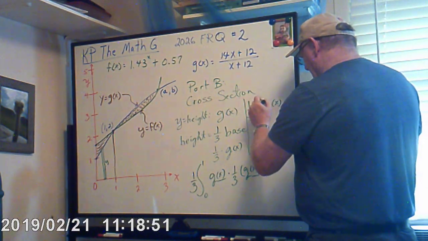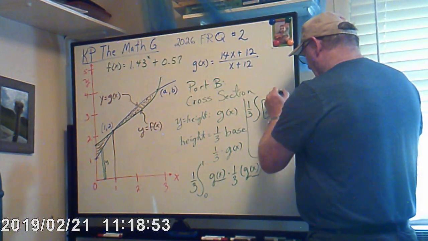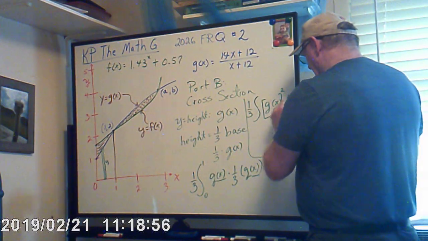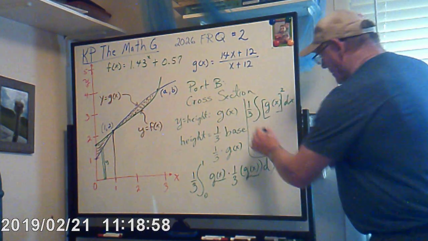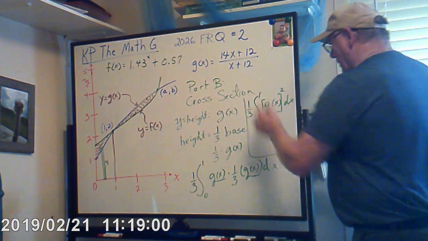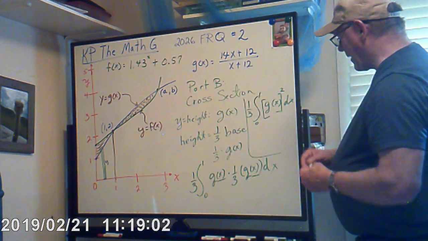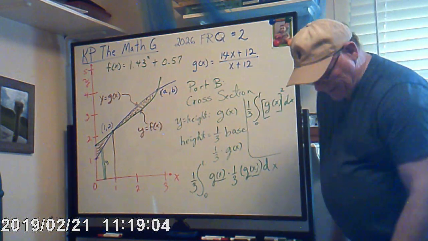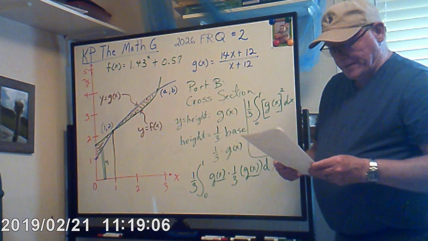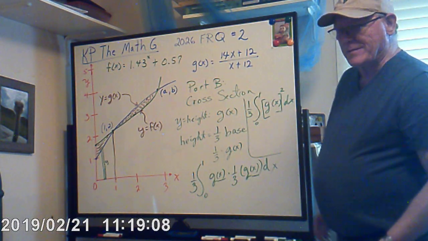You can just do this squared dx, and that'll work right there. And you don't forget from 0 to 1. There it is right there. Okay, and that's all you have to do there.